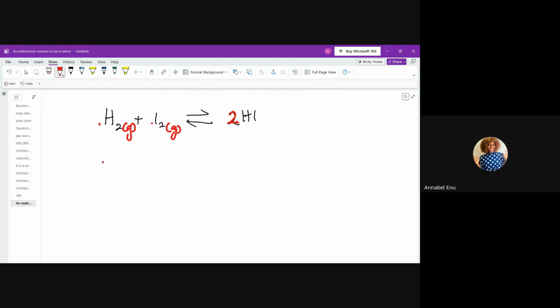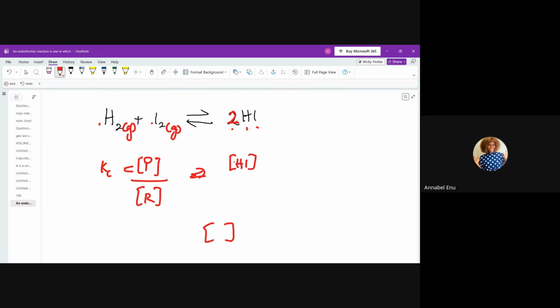The equilibrium constant is written as Kc, and it is equal to the concentration of the product divided by the concentration of the reactant. This bracket signifies concentration. So we write the concentration of the product. The product here is hydrogen iodide, HI. So the concentration of HI.